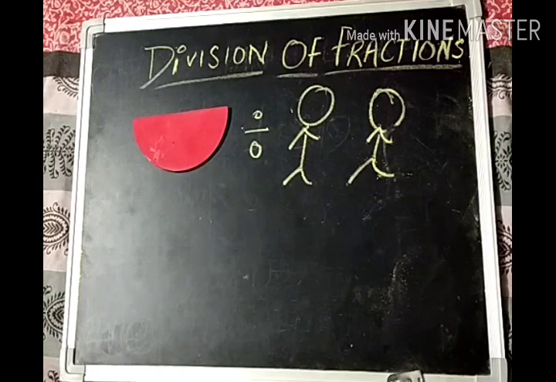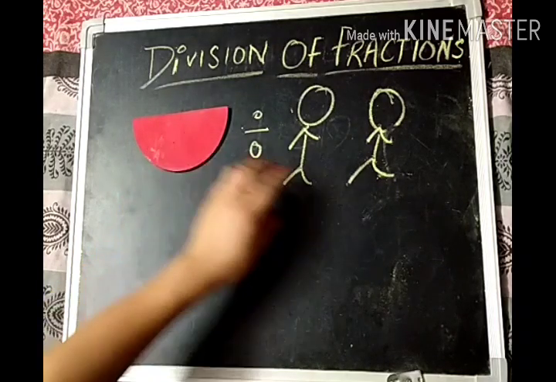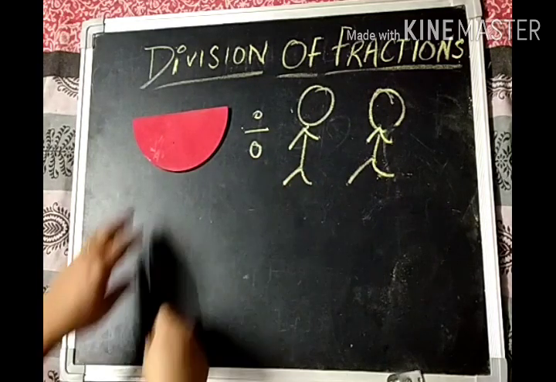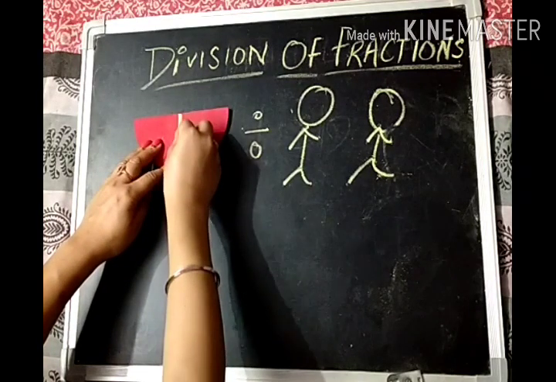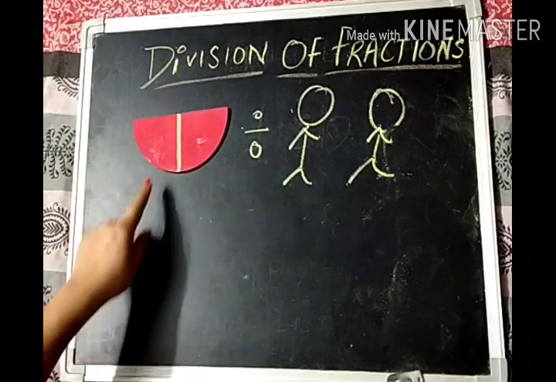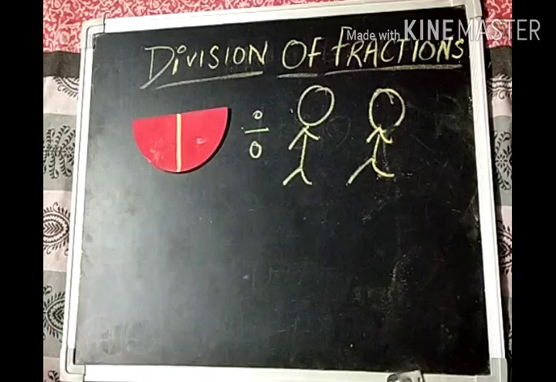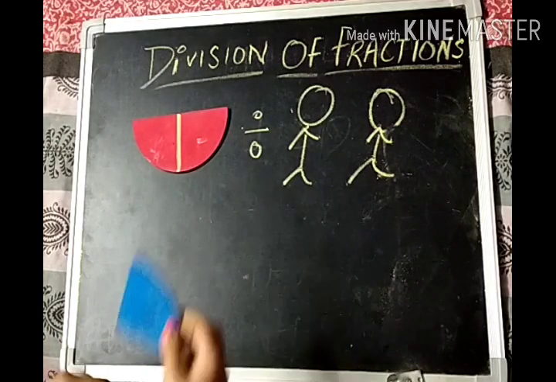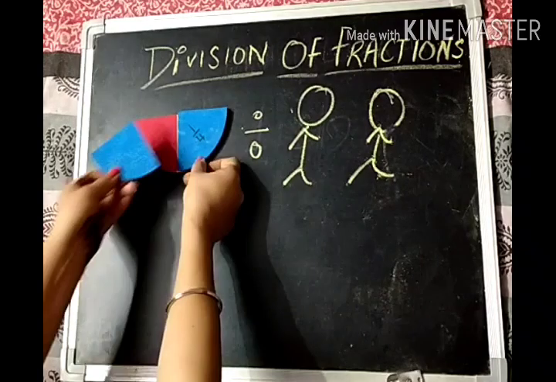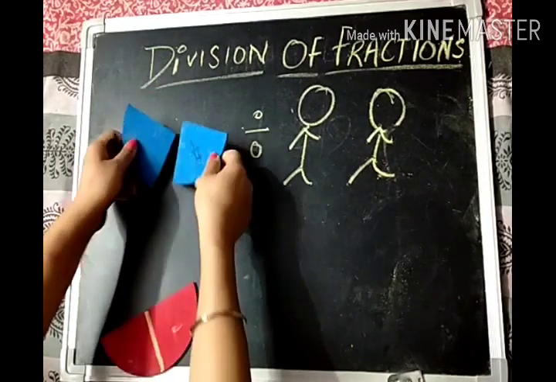I have to divide half into 2, making 2 equal pieces of it. What piece size is it looking like? They are looking like 1/4 and 2/4.